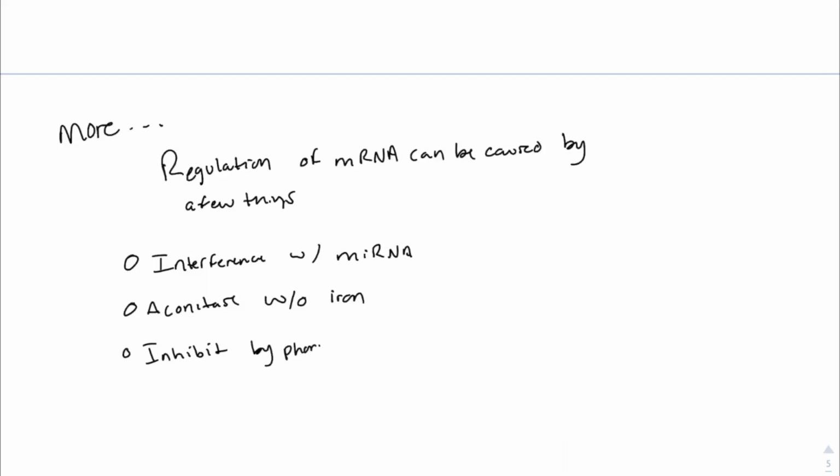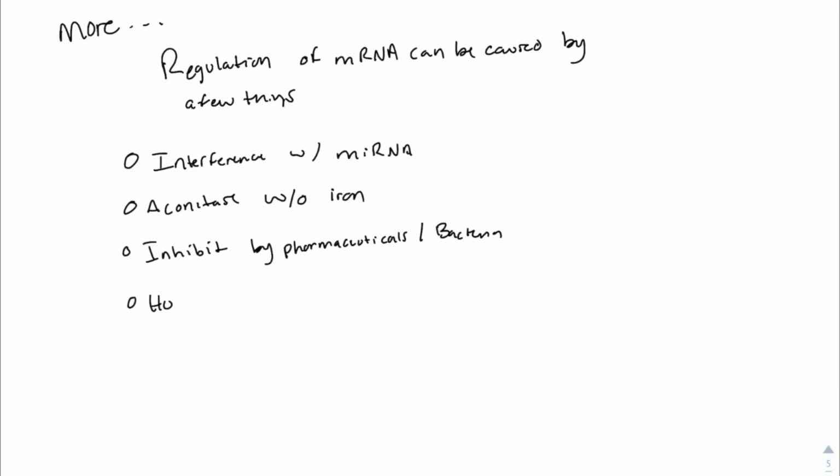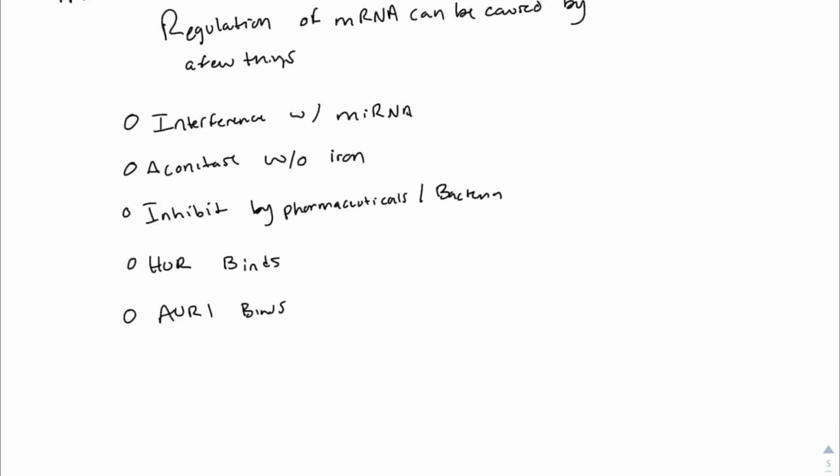And you could also get inhibited by pharmaceuticals, such as antibiotics or things that could break the plasma membrane. And you can also get inhibited by bacteria itself. HuR binds can also regulate the mRNA. AUR1 binds can also regulate mRNA, and we'll get back to those.